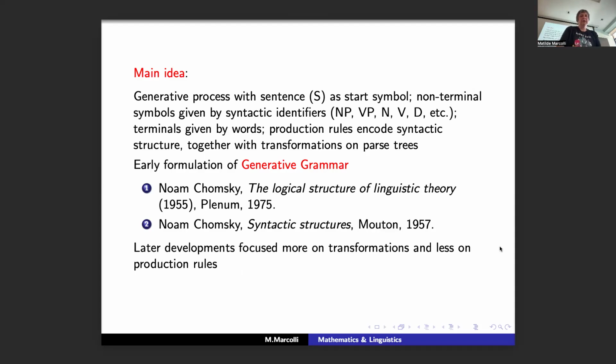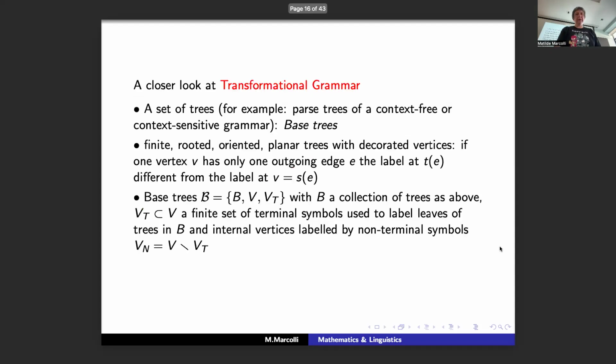And so, in a sense, the idea for this point of view is that you have two processes that are now distinguished. One of them is the generative process of these tree structures, and another one is the transformation that you can make on them.